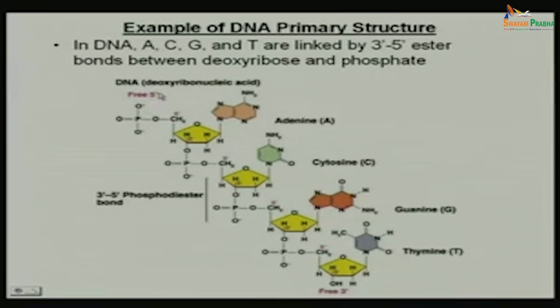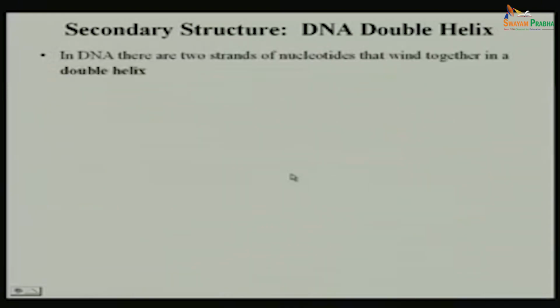So the primary structure of this nucleic acid is 5' A, C, G, T and 3'. So, these are the primary structures of the DNA and RNA molecules.